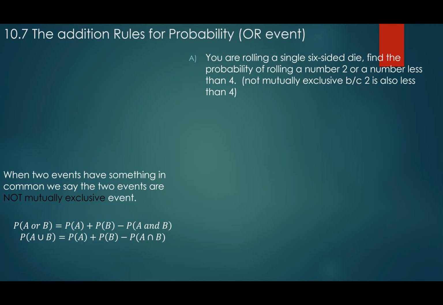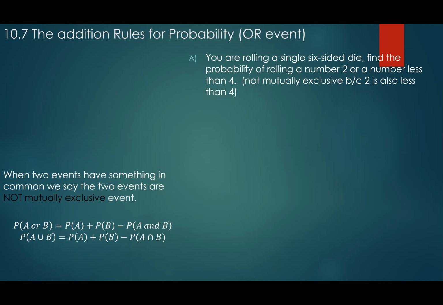And because there is a number 2 which is also less than number 4, meaning they do have something in common, that is not mutually exclusive. Okay? If the criteria share some object, they are not mutually exclusive events.